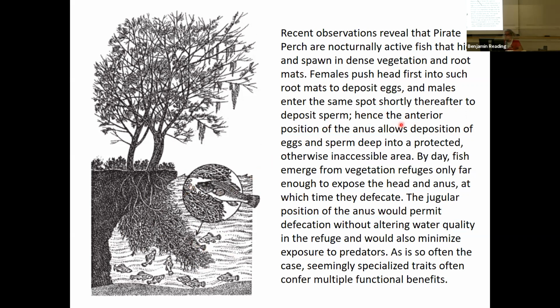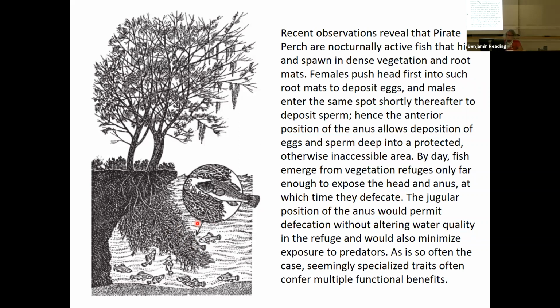Hence, the anterior position of the anus allows deposition of the eggs and sperm into these protected areas that are otherwise inaccessible to other predators. They also can hang out in here where their body is inside the root mass, and they only stick their head out. They do this to avoid predation.